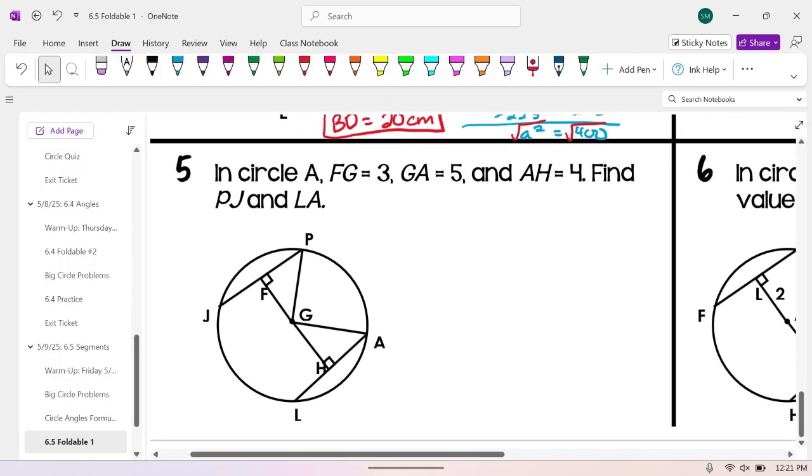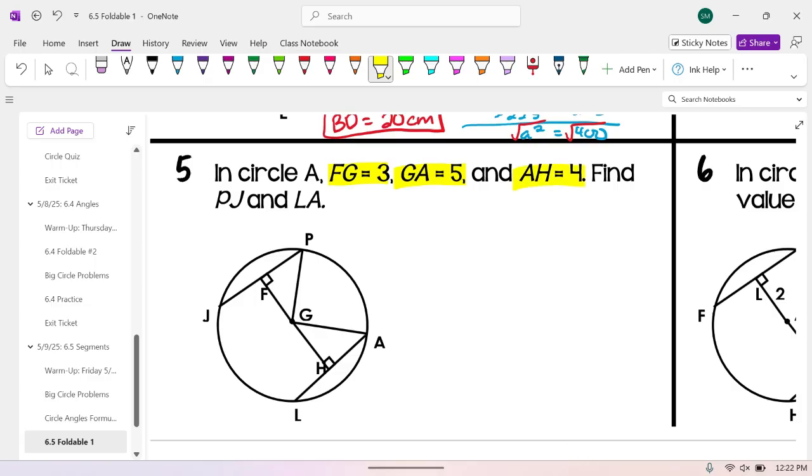So in circle A, FG is equal to 3. GA is equal to 5. AH is equal to 4. And they want us to find PJ and LA. So firstly, let's label what they gave us. Segment FG, which is this segment right here, is 3.